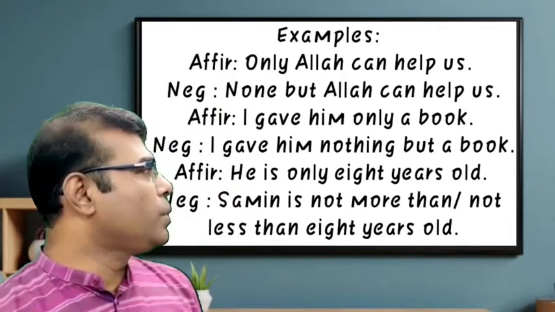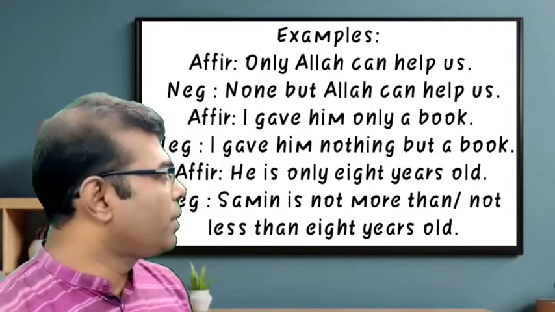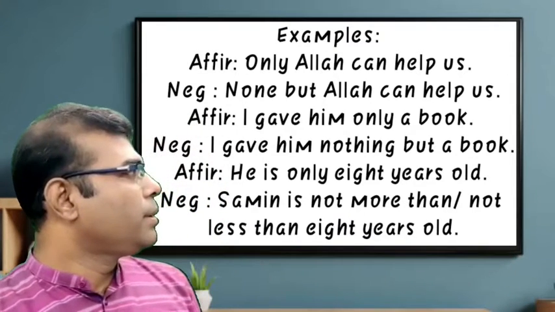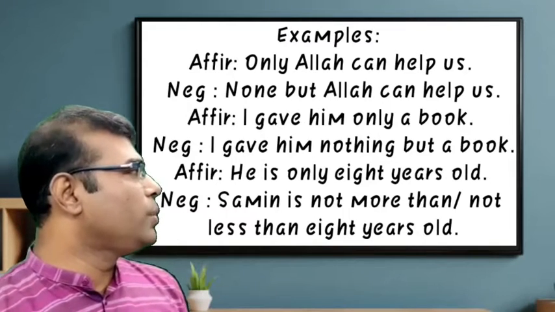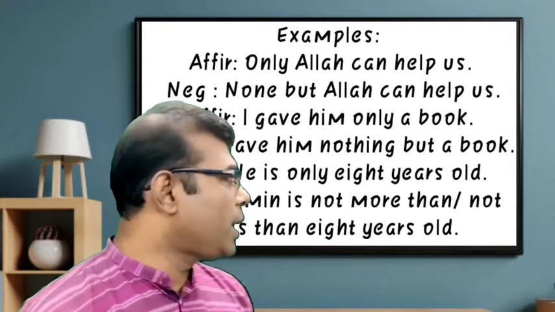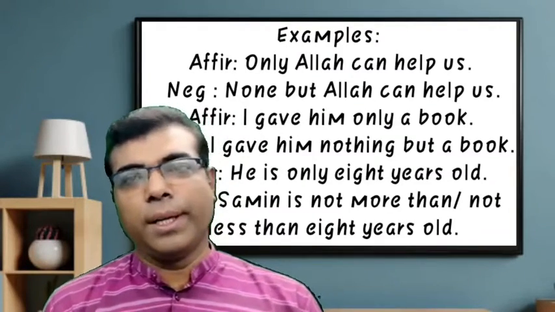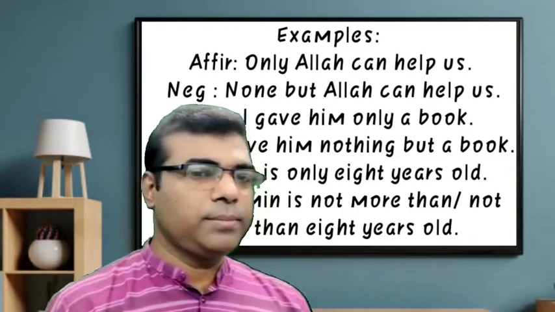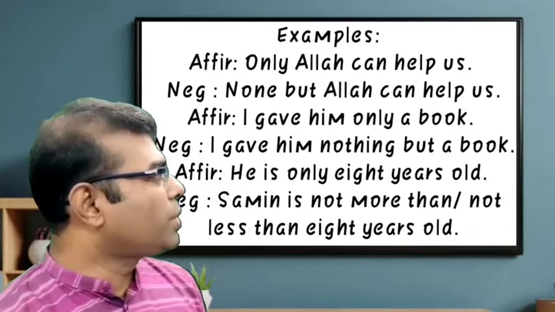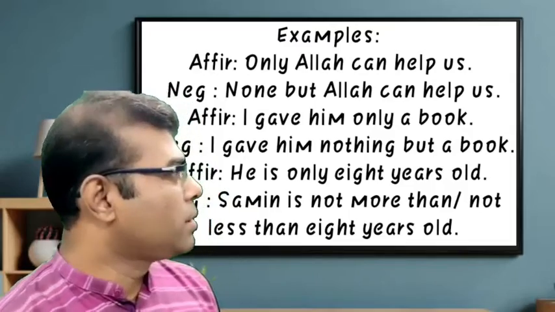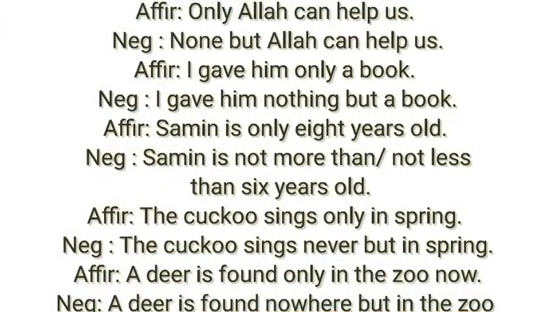Here only is used before an age. If only or alone is used before an age or a number, then we have to use not more than or not less than instead of only or alone. That means Samin is not more than 8 or Samin is not less than 8.